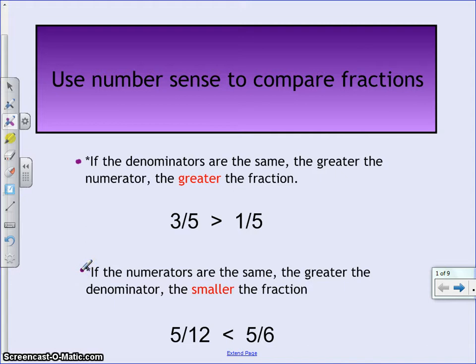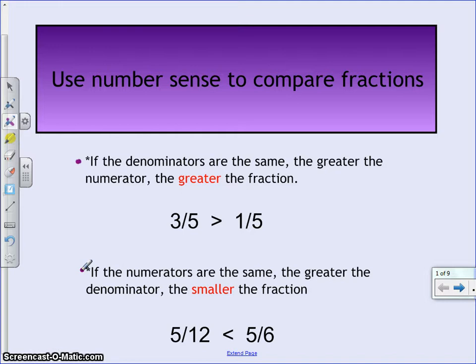If the numerators are the same, the greater the denominator. So if the numerators, the top numbers, are the same, then the greater the denominator, the smaller the fraction. You're like, wait a minute, Mr. G. You're telling me that if the number is bigger, it means that it's actually a smaller number?